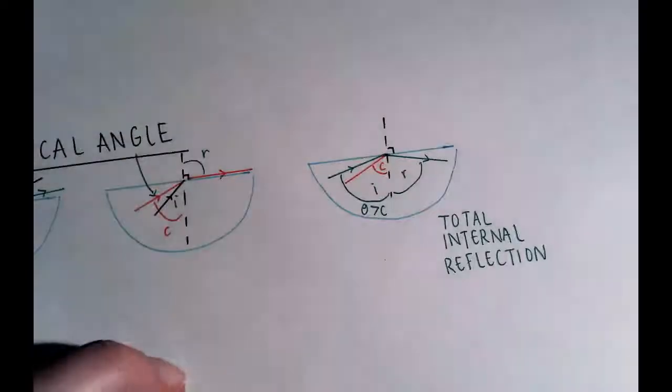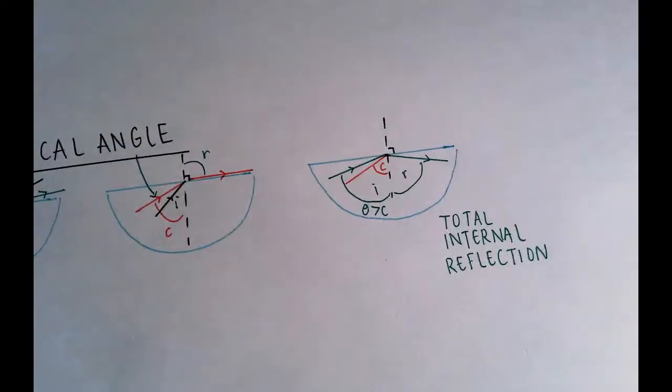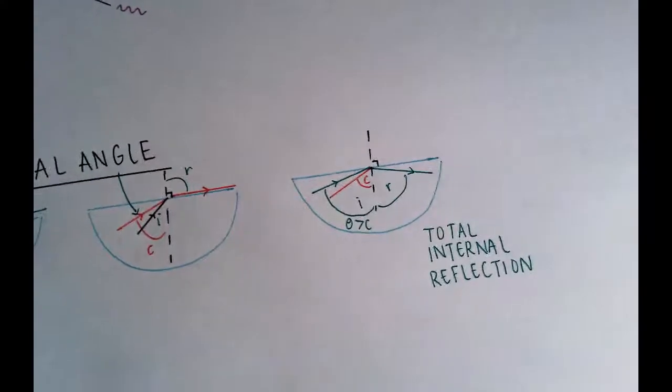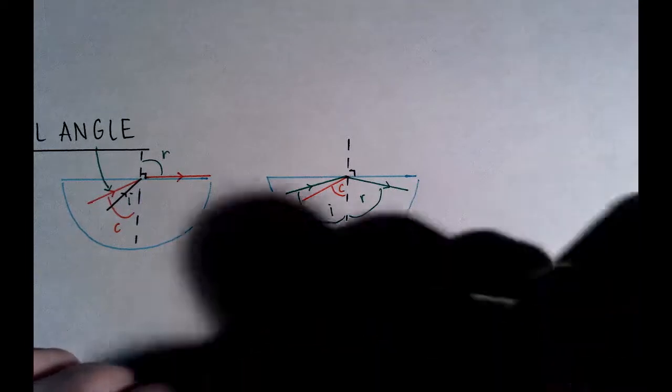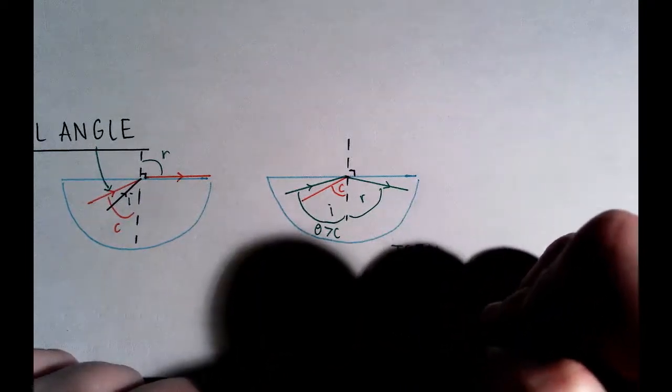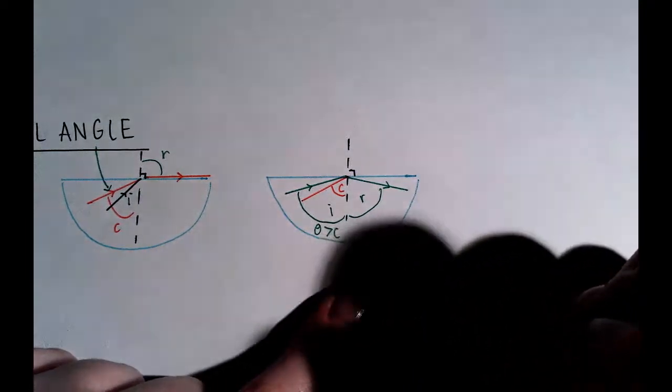Okay, so the same rule applies for reflection inside of a more dense material. The difference between reflection and total internal reflection is this occurs inside a more dense object.